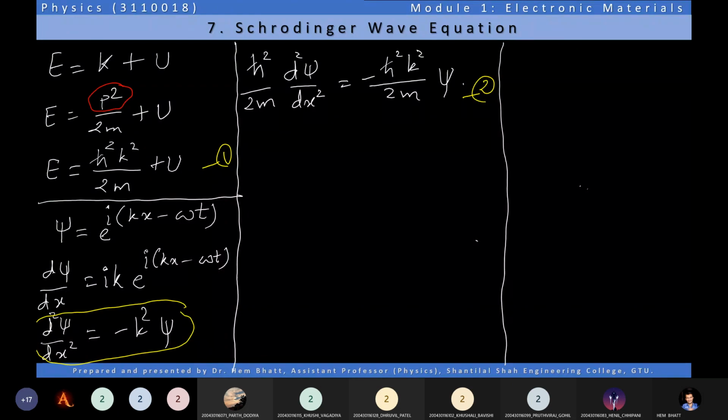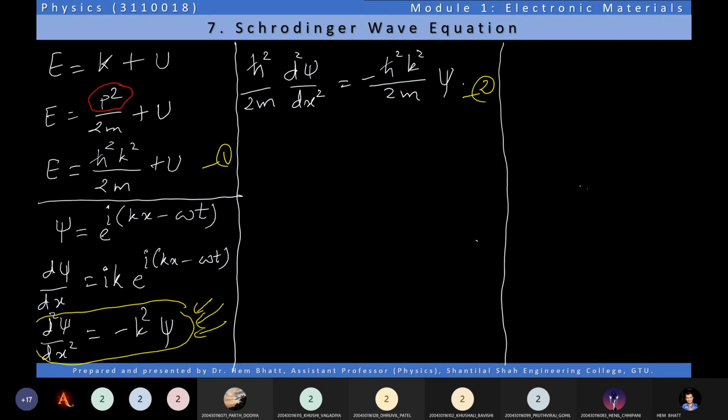Can you see equation 1 and 2 on your screen? Yes, sir. Okay. How did I get the second equation? I have multiplied this equation with h cut square by 2m on both sides. Why do this?